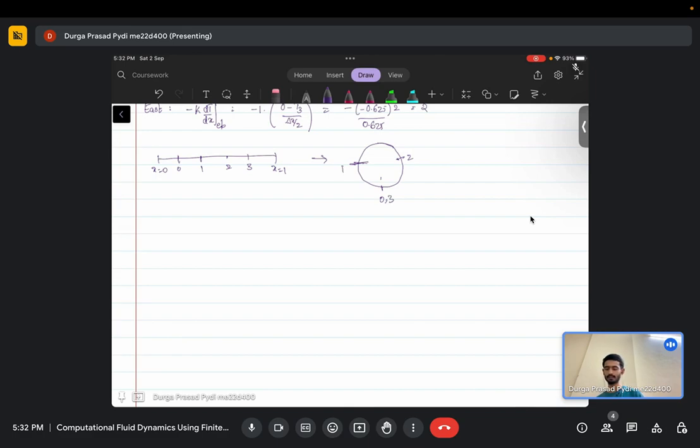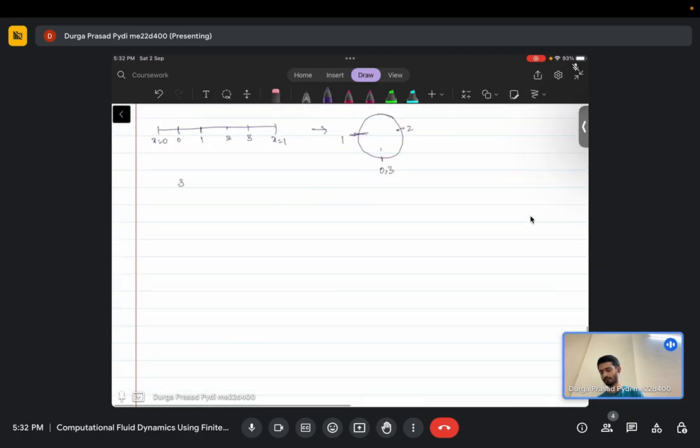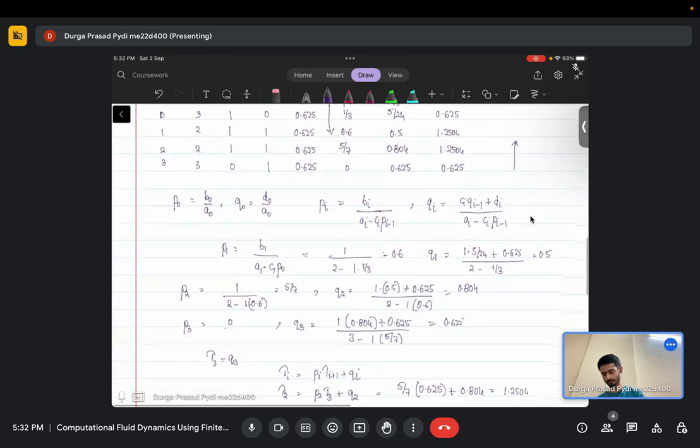So in this particular case, how will we write the equations? It's the similar equations, everything is straightforward. So we just take the same old equations.